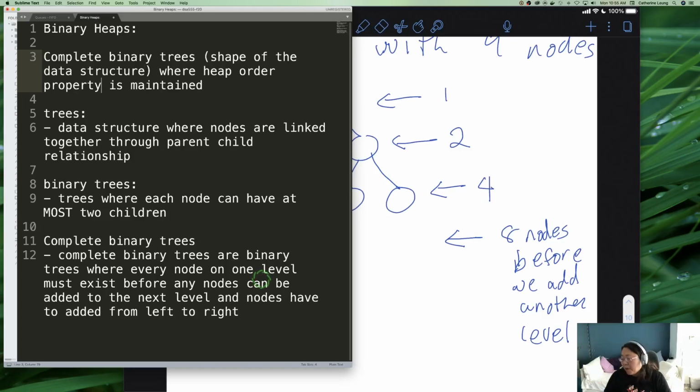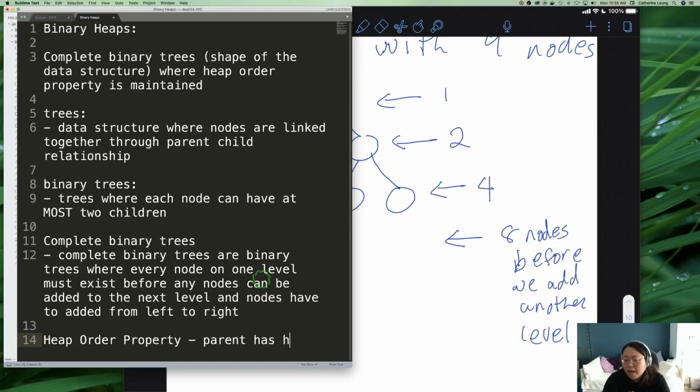The heap order property, on the other hand, is what tells us where things go. Some books just say heap order. What does heap order mean? Heap order is actually very simple.